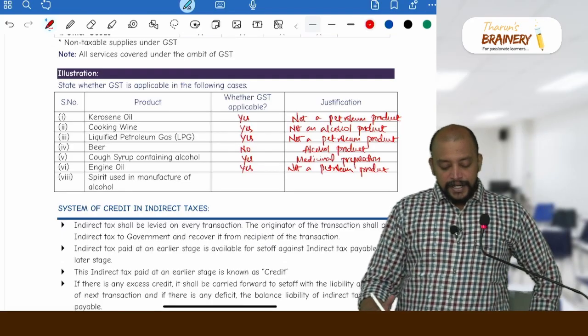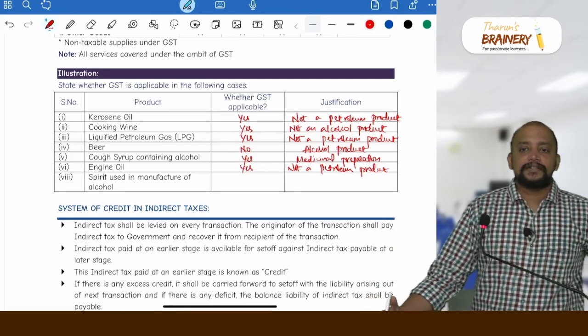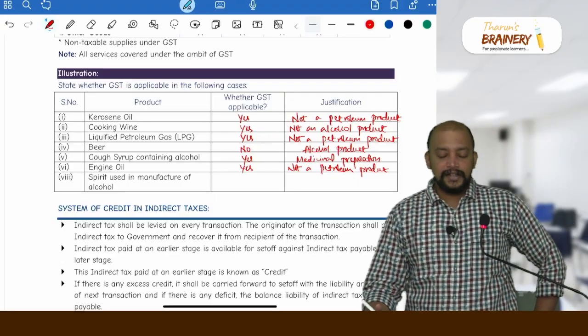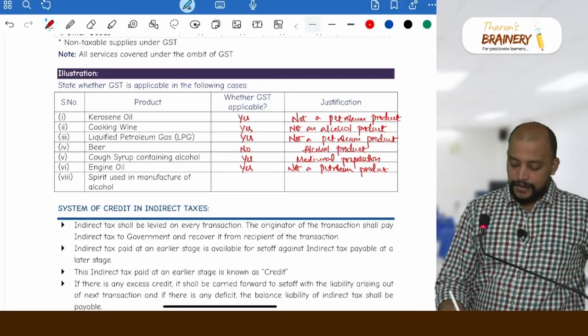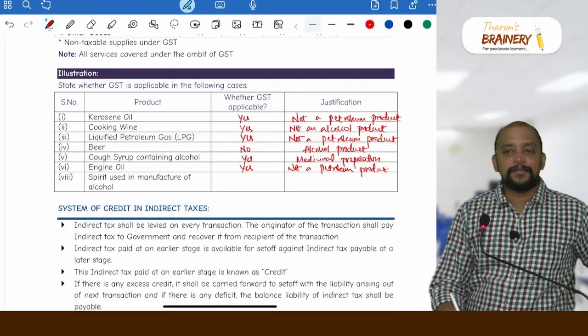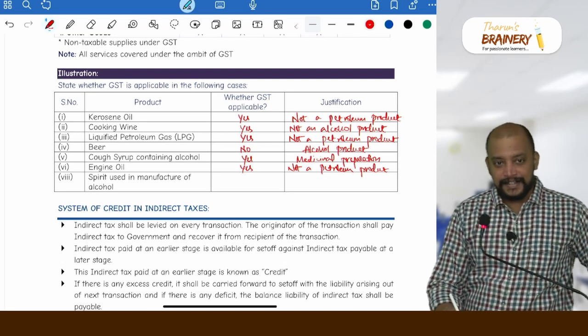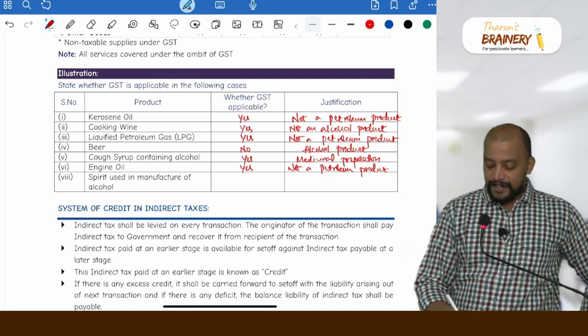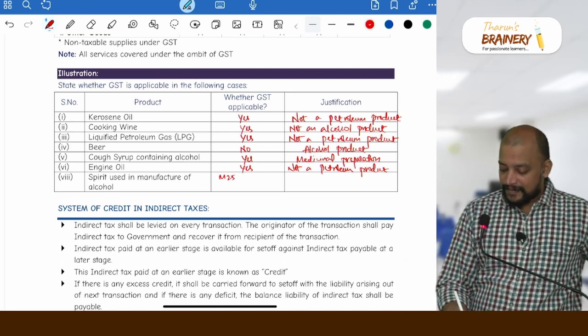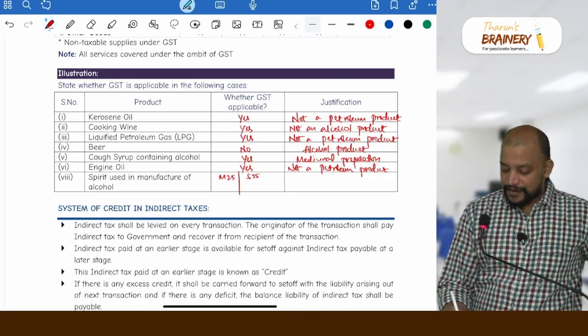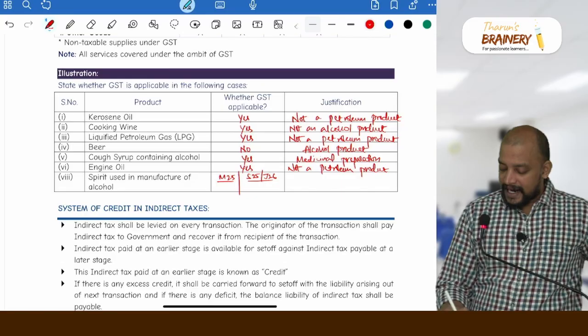Then spirit used in manufacture of alcohol. Yes or no? If you are writing for the May exam, you write it as yes. For the May exam, for September 25 or Jan 26, the answer is yes.